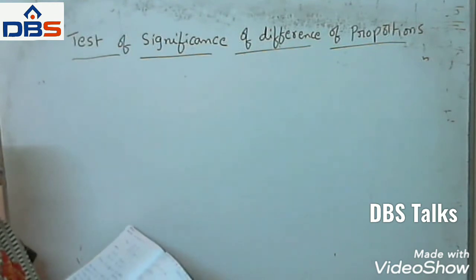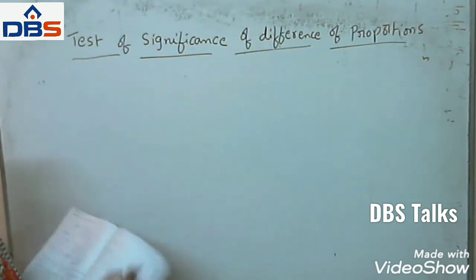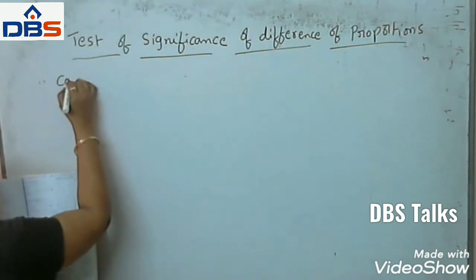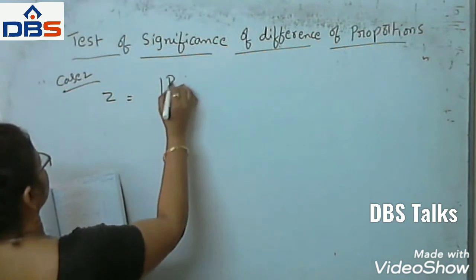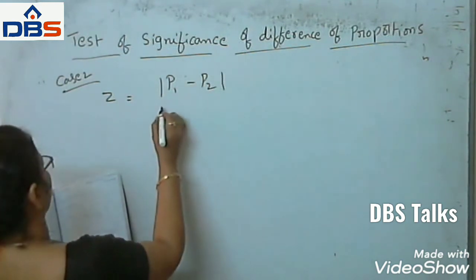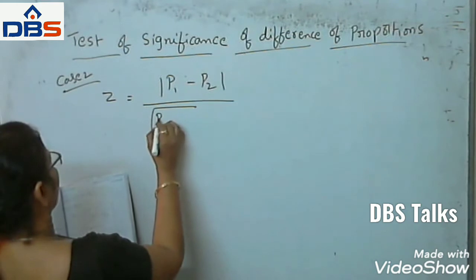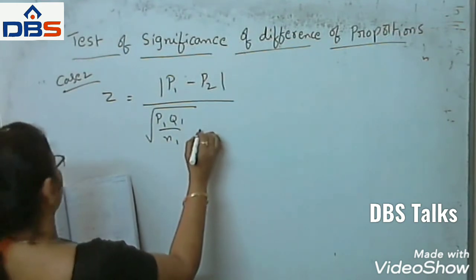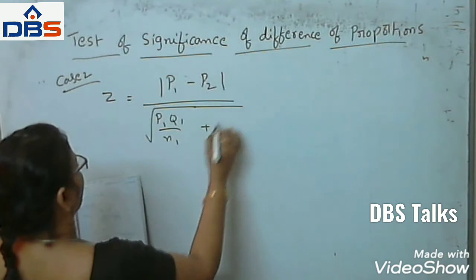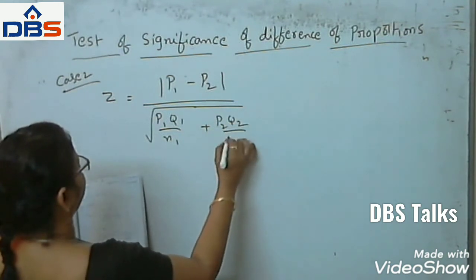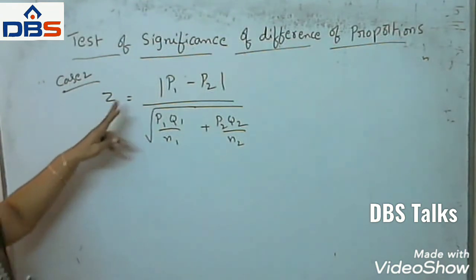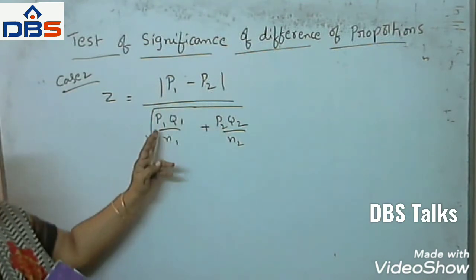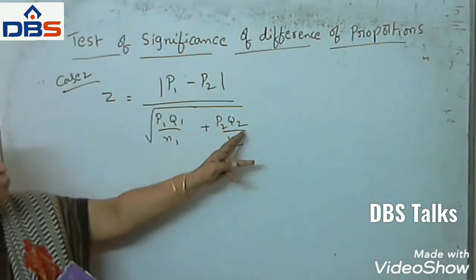In the second case, Z equals modulus of P1 minus P2 by root of P1 Q1 by N1 plus P2 Q2 by N2.